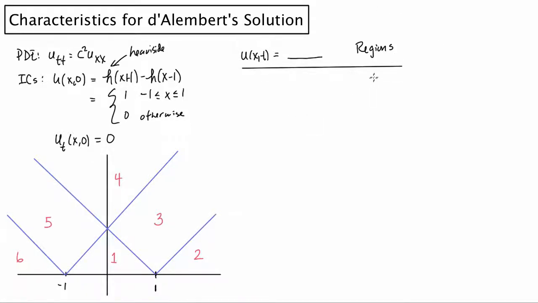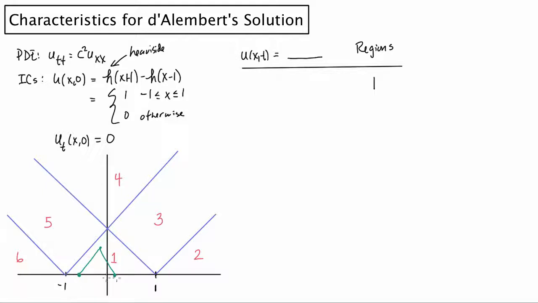So let's start with region 1. On region 1, every point in region 1 will depend on lines that are parallel to the blue lines, and so it'll depend on these two initial points. Well, the string at those two initial points has height 1, right?